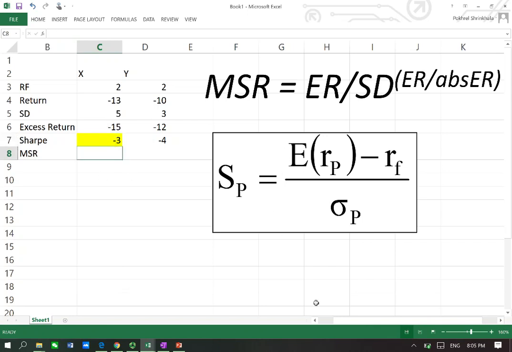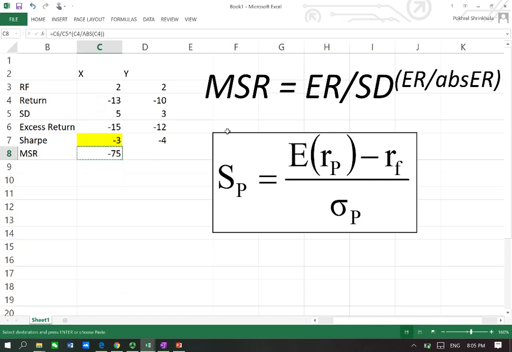Now let's calculate the modified Sharpe ratio here. We take the excess return divided by the standard deviation, which is 5, and then the exponent component, which is the excess return divided by its absolute value, which means the minus sign is eliminated, and that's how we get the modified Sharpe ratio, which is minus 75.